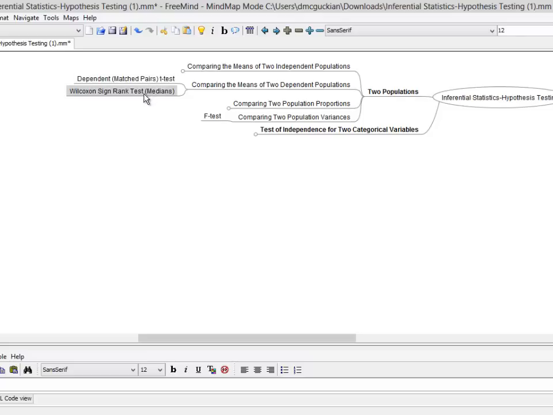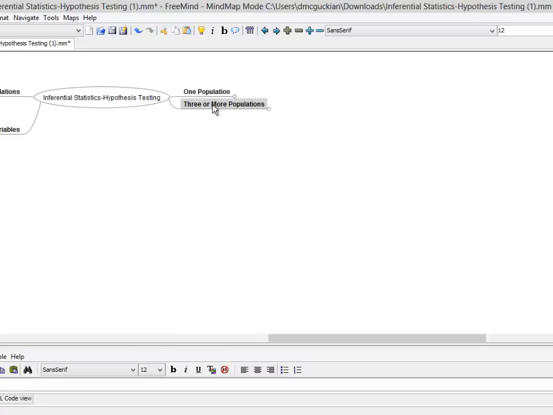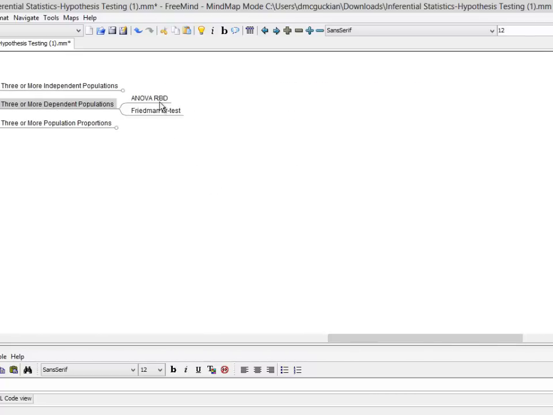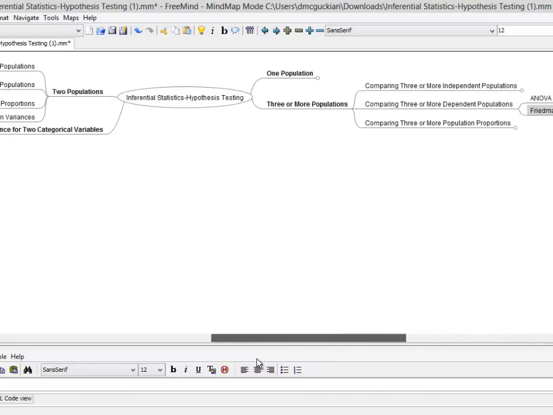So did the Wilcoxon signed rank test, and then remember that we had the ANOVA RBD that also used blocking. So we have the dependent scenario for ANOVA, and we have the Friedman Fr test that goes with that. So there are two major procedures, basically the matched pairs t-test and the ANOVA randomized block design test, and then we have their non-parametric counterparts: the Friedman Fr test and of course the Wilcoxon signed rank test.